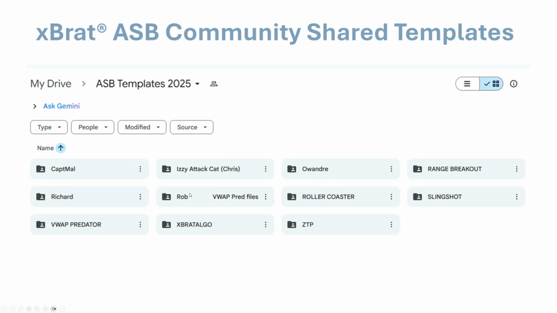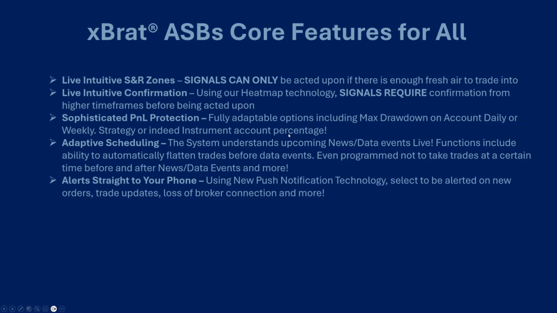Those are names of users who share the templates they optimize with other users to help out. These are mine. I give you starter templates as well, which you can load up into your ASB, so it's not blank when you get it, and you've got a good community helping you out all the way through.